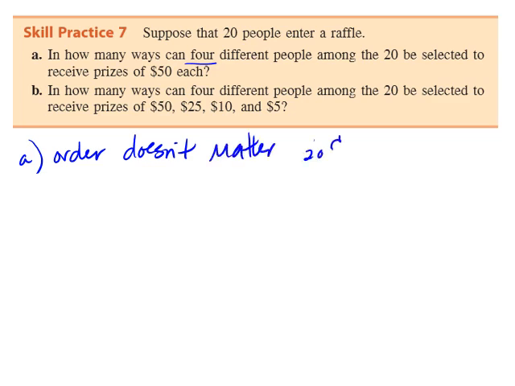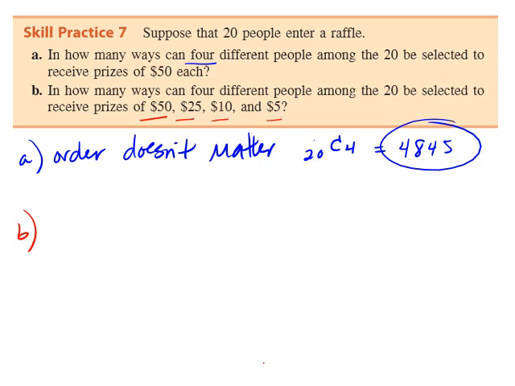So 20 choose 4. This results in 4,845. In part B, now there are still 4 winners, but the first winner gets $50, then 25, 10, and 5.